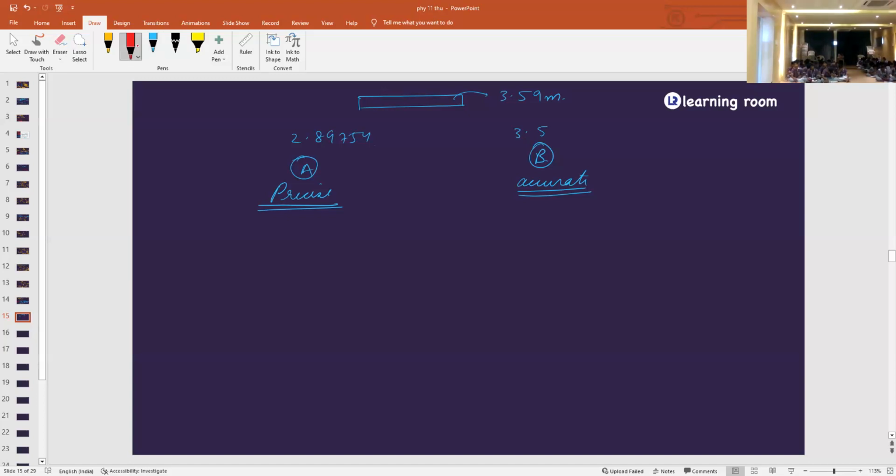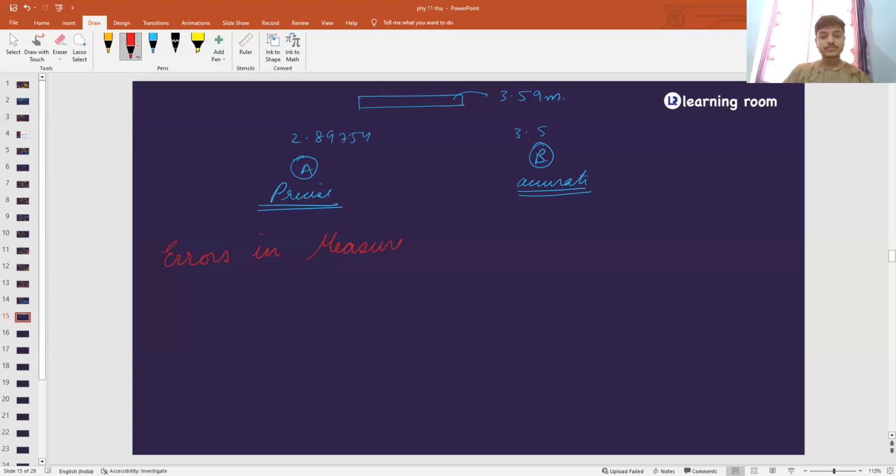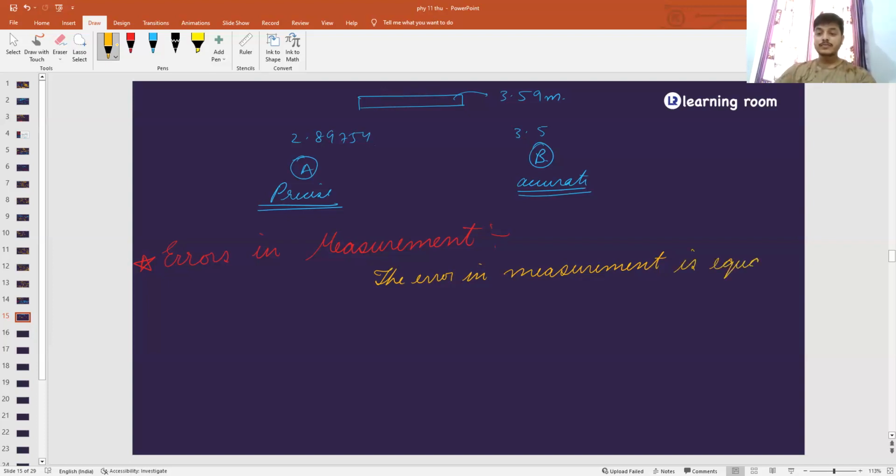Right, then we'll be studying the next topic that is quite interesting: errors in measurement. So what is error?